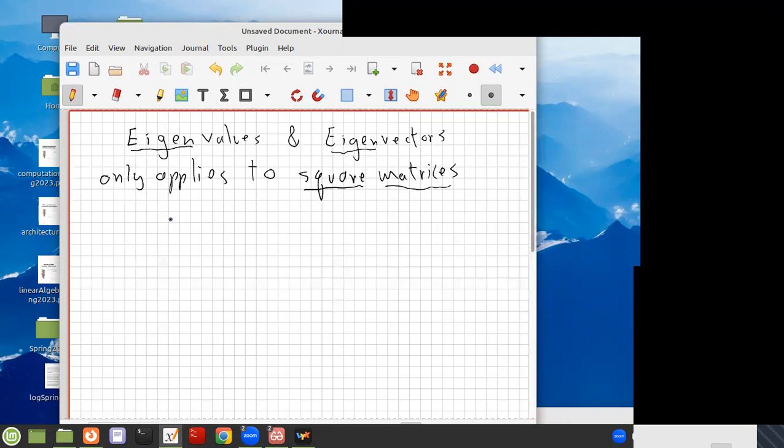Let's go straight to the definition. Here's the situation: you have a square matrix M, and it turns out that for some vectors V, you multiply the matrix times V, and you get back a number times the same vector back, right? So this is the situation.